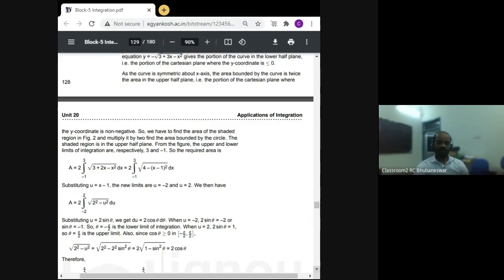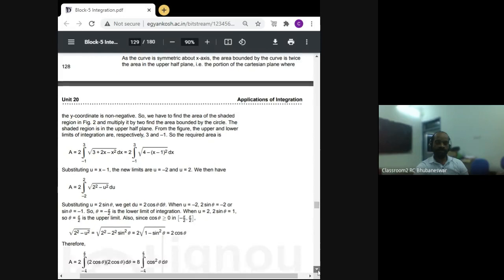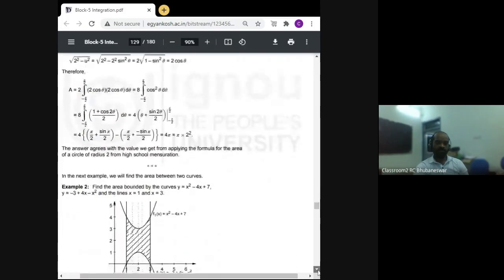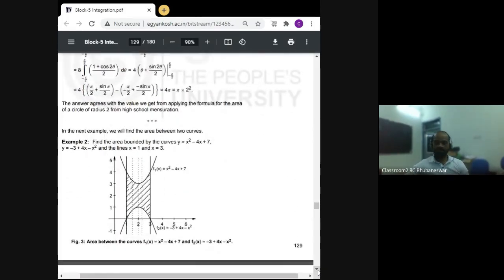Now the next application is how to calculate the length of a plane curve, or the length of an interval defined over the x-axis in the domain of the function f.